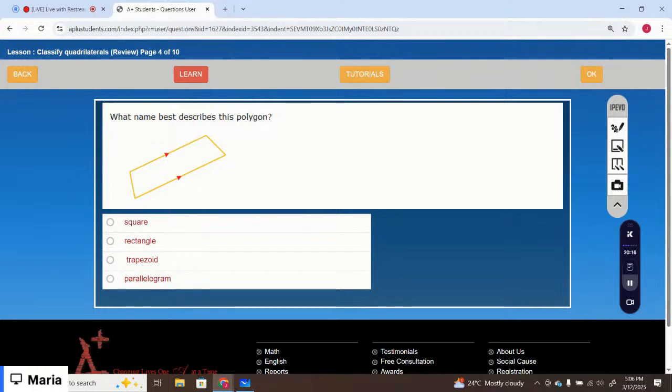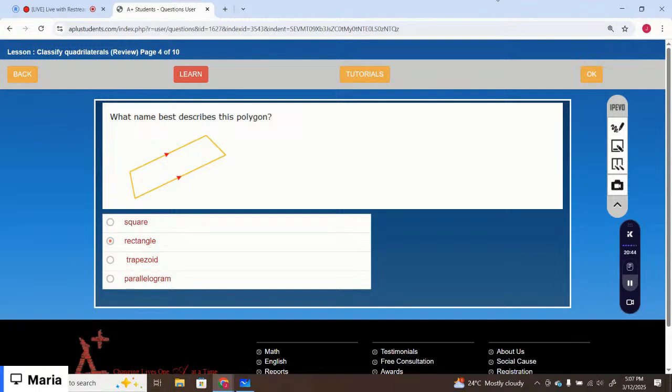What name best describes this polygon? Rectangle it is.